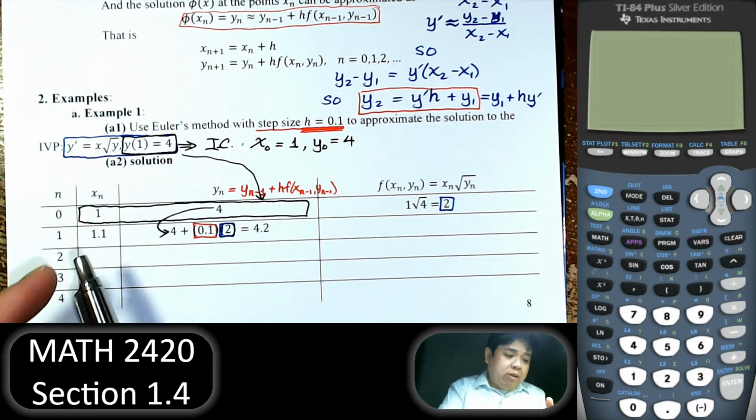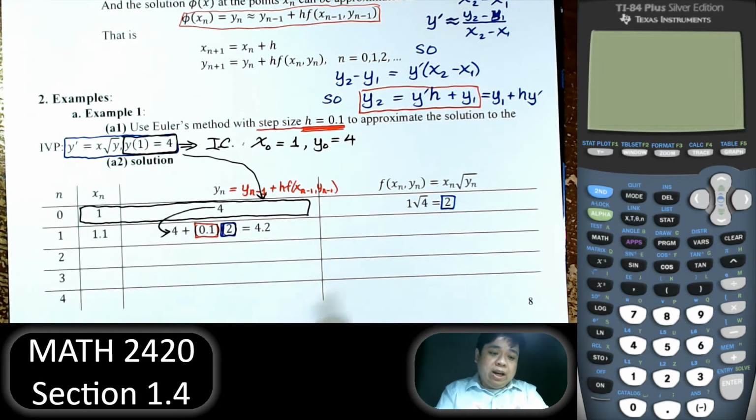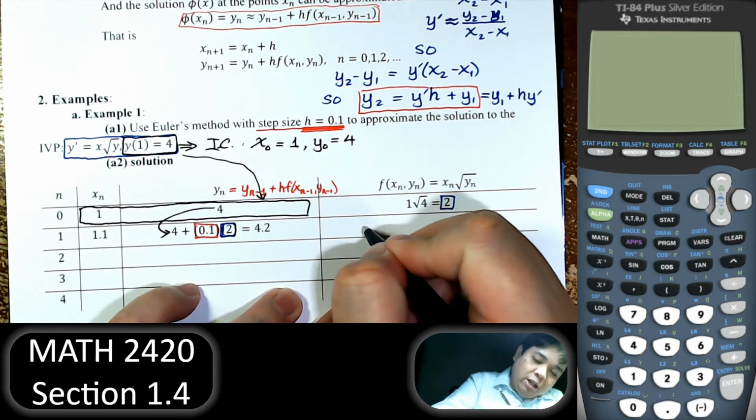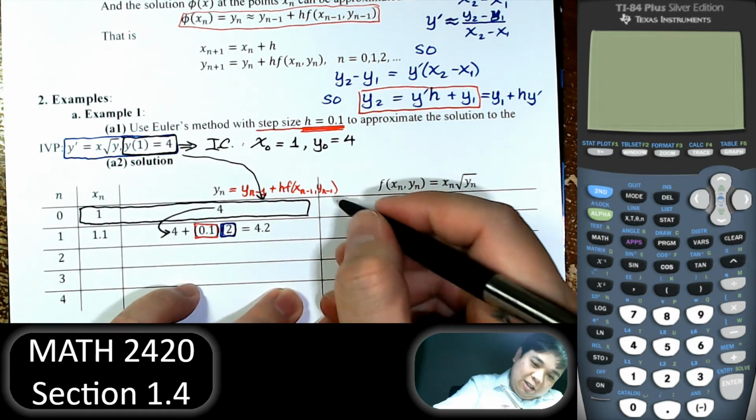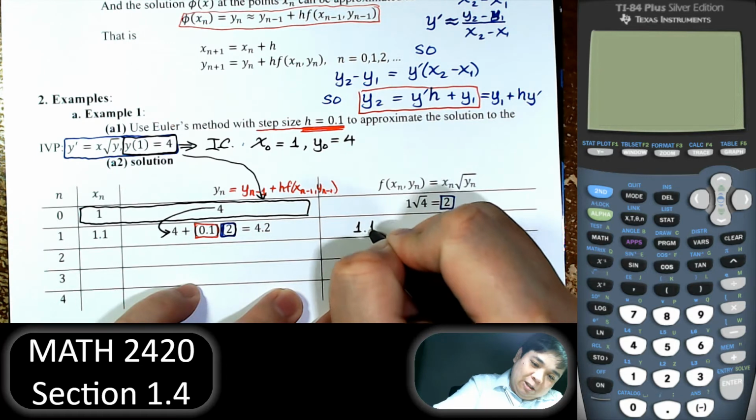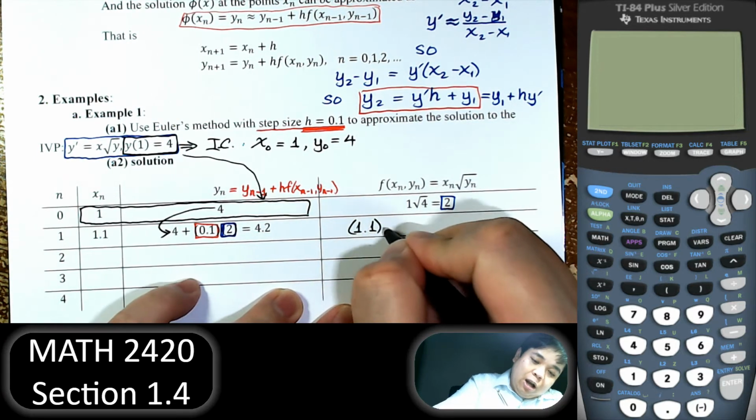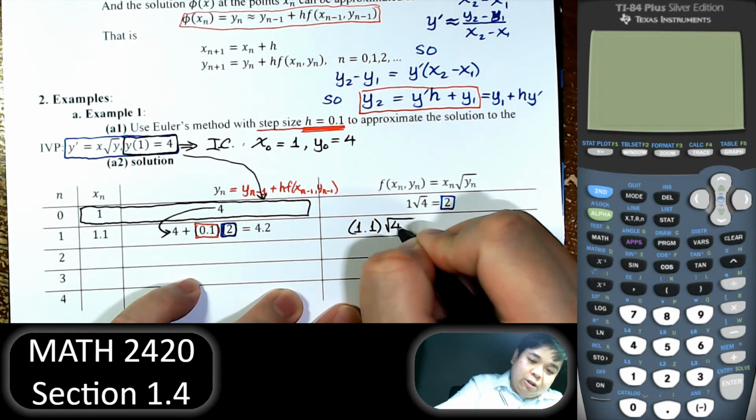Right, now we have x, we have y, we can calculate the slope. So this will be 1.1 times square root of 4.2.